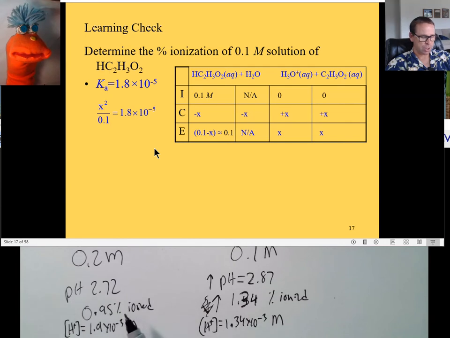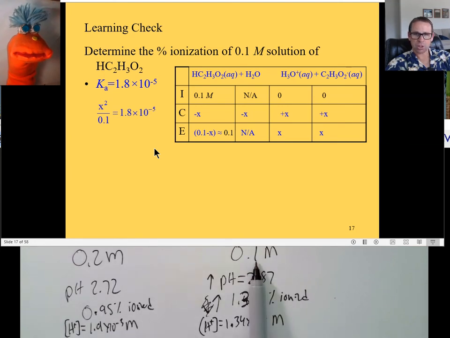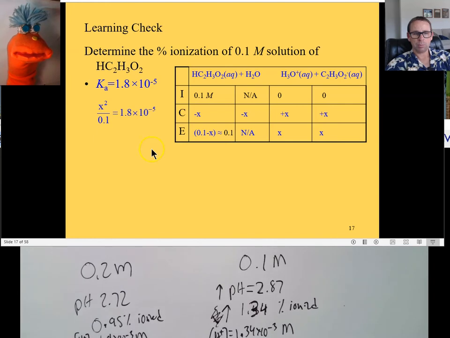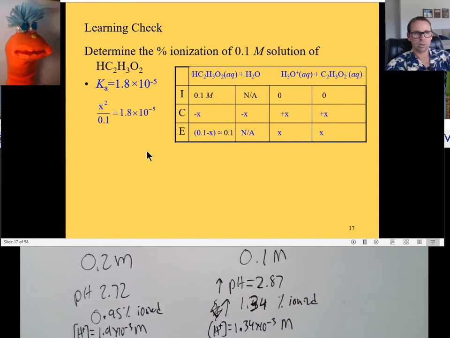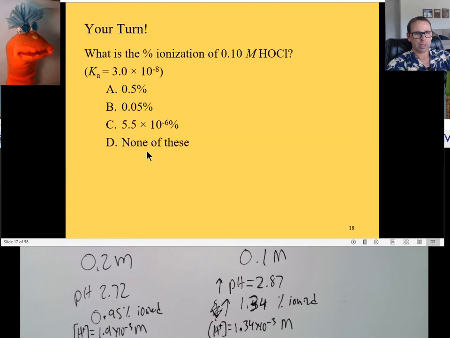Because the ratio of water molecules to acetic acid molecules is higher in this scenario, so there's more space for that dissociation to occur. Less dissociation occurs altogether because of the lower concentration to start with, but a higher percentage actually dissociates. That's tricky.